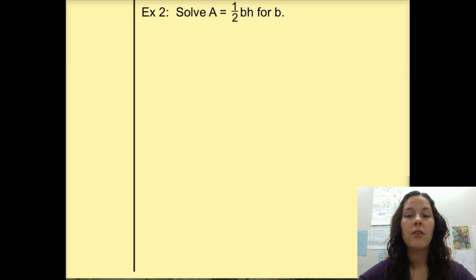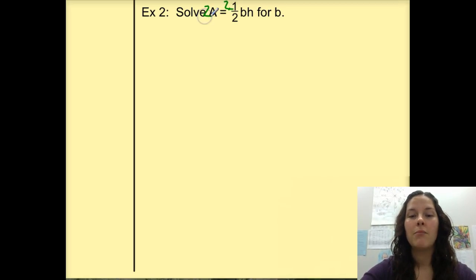Next, we have the equation for the area of a triangle, and we're going to solve for the base. This could be helpful if you know the area and the height and you need to solve for the base. You could rearrange the equation. I'm noticing on the right-hand side everything is multiplication, so I'm going to cancel it by division. Now when we divide fractions, the easier way is actually to multiply by the reciprocal.